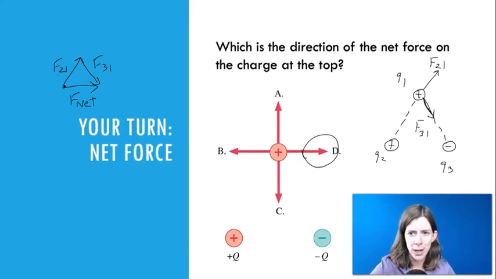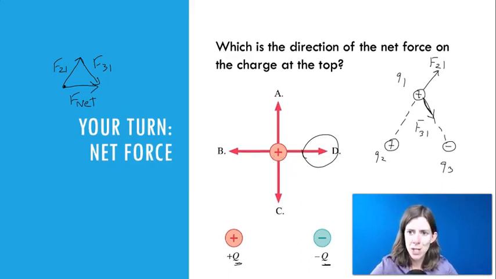You could have also thought about this by thinking, well, we know that the actual amount of the force is the same because all of these charges are the same, right? It's just 1 plus or 1 minus is still the same Q, right? The charges all have the same magnitude. So the force is going to be the same number, right? The distance between is the same. Again, you just have to assume that from the picture.